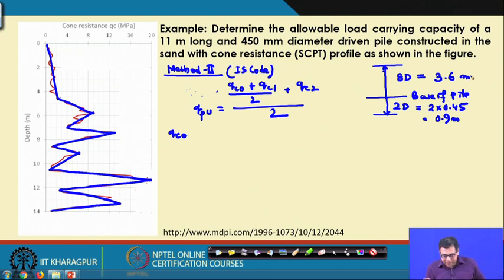So, this is the 11 meter, and 0.9 meter will be somewhere here, at 11.9 meter, and this is the 11 meter.